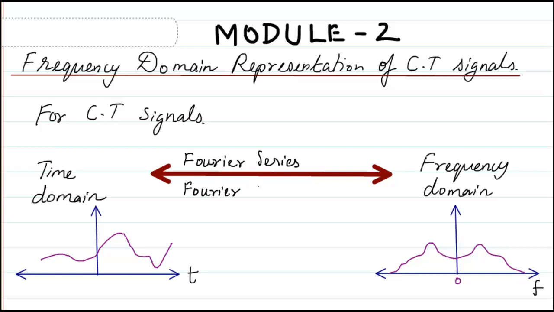Now you might be asking, what is the difference between Fourier series and Fourier transform? They are one and the same, with the only difference that Fourier series is basically done for a periodic signal, that means a periodic time domain signal, whereas a Fourier transform is basically applied for an aperiodic signal. That means a signal which is not periodic.